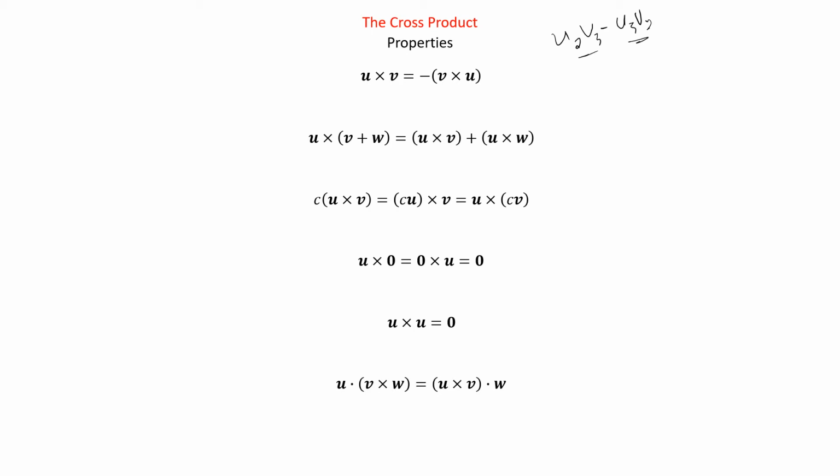And if we do a dot product with the cross product, this u dot v cross w, we can actually switch the order of that. That could be u cross v dot w. Notice the order there is important because we can't switch the v and the w. If we did, we'd end up with a negative, which wouldn't be the worst thing in the world. But the order there is important.